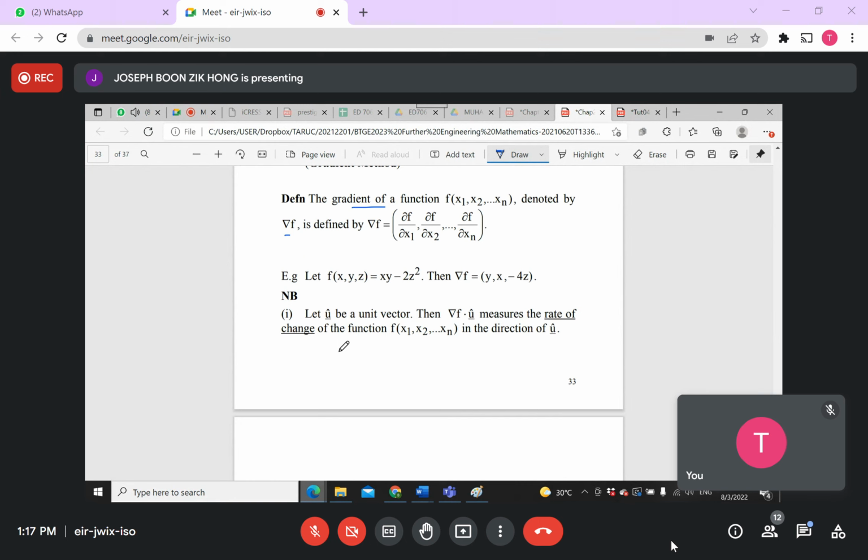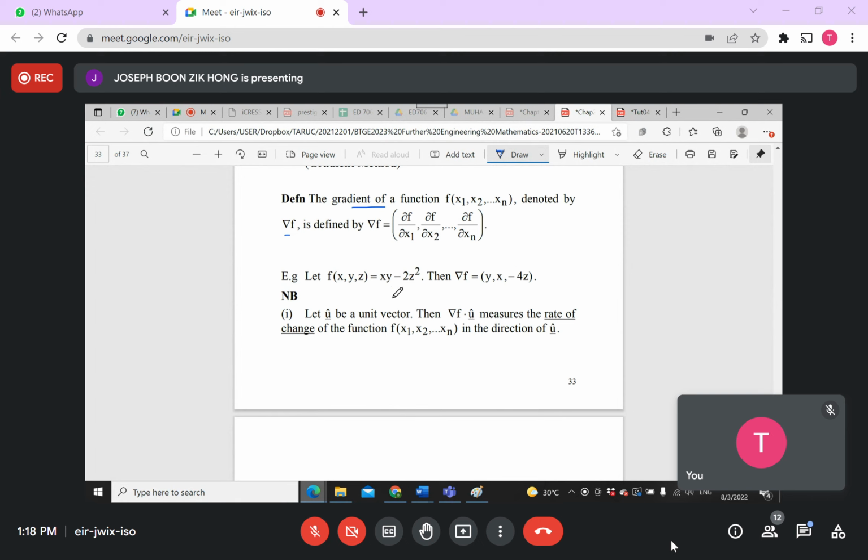For example, your f(x,y,z) is xy minus 2z squared.